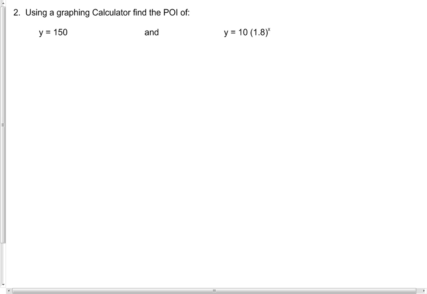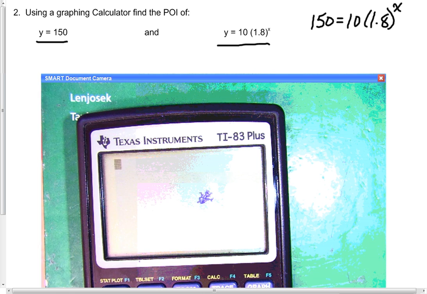Question number 2, using a graphing calculator, find the point of intersection. So if we're finding the point of intersection of this and this, we are really trying to solve the problem, when is 150 equal to 10 times 1.8 to the x? So with our graphing calculator. All right, first lesson is don't deface the calculator.